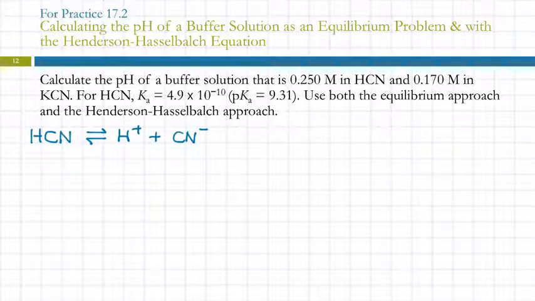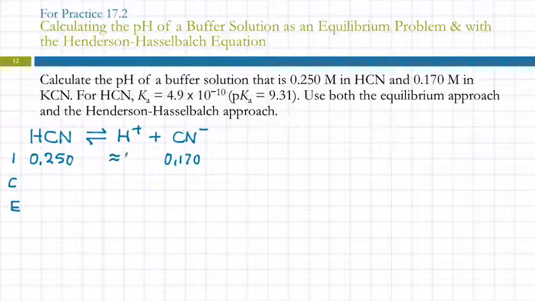So then we're going to do an ICE table, do the equilibrium approach first. So initial concentrations. The HCN concentration is 0.250. And the cyanide concentration is going to be 0.170. And we're going to say that the initial hydrogen ion is about 0.